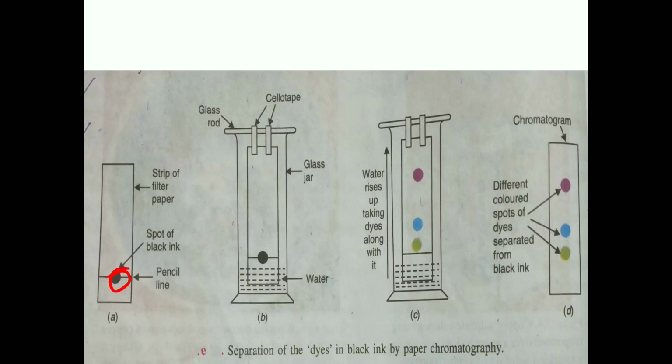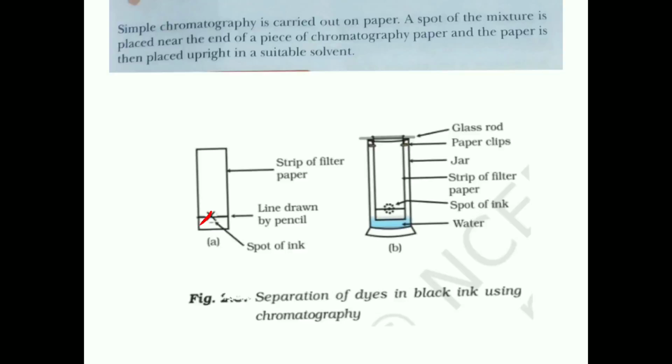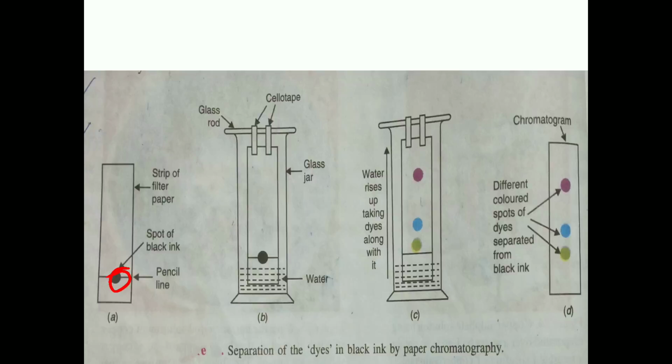You have taken a long or tall glass jar containing a small amount of water, and you attach the filter paper vertically to the upper end of a glass rod with sellotape. But remember, the lower end of the paper strip should be deep in water.